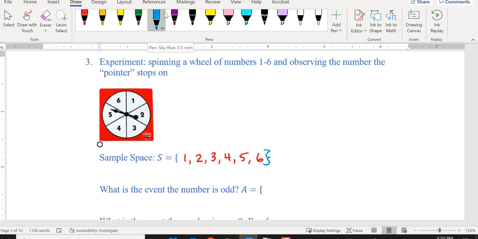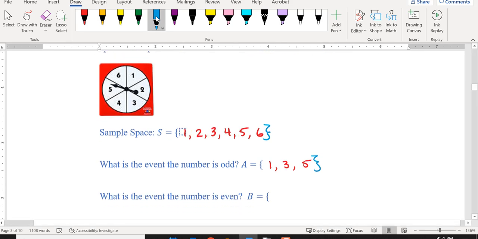Now the first question, what is the event that the number is odd? So from my sample space, which ones are odd? It would be, the event would be 1, 3, 5. All right. What is the event the number is even?